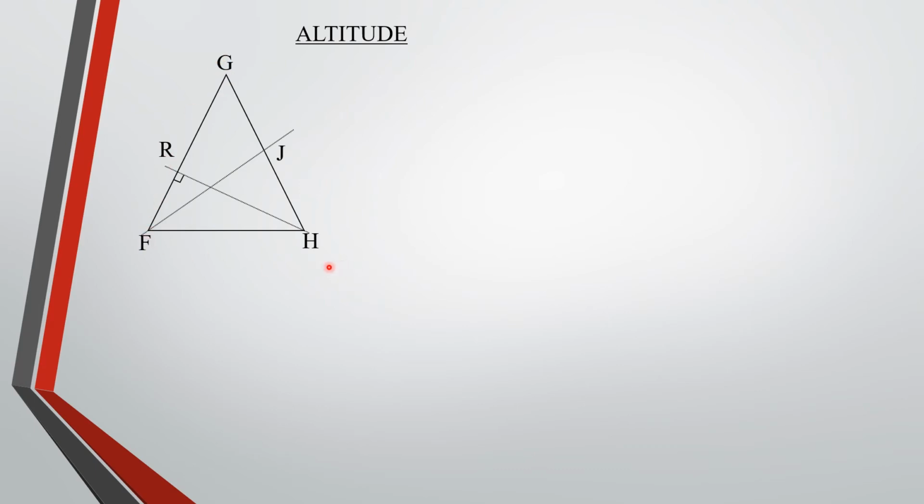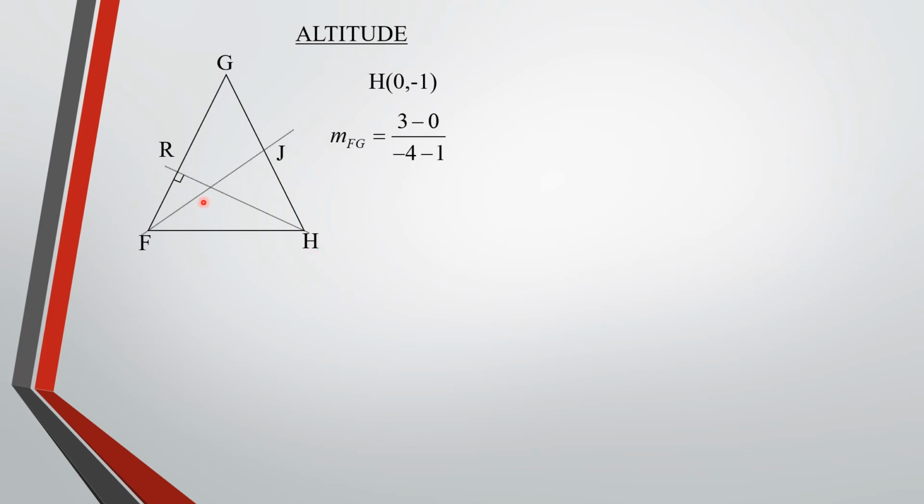Okay, so in order to get the equation of HR, you need to find a gradient and also a point. So what you can do over here is you can find the gradient of FG because you have point H. Okay, so you can use point H as the point on the line RH, and you need to find the gradient of RH.